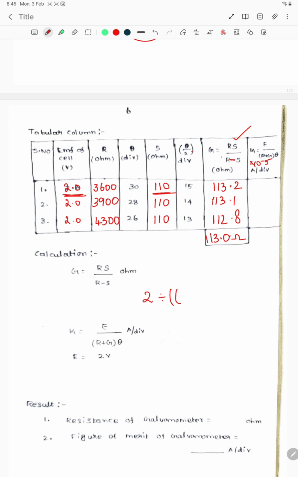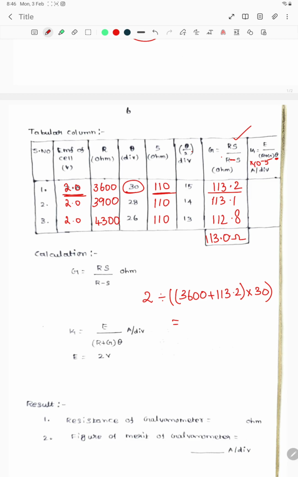One is for R plus G. What is R plus G? 3600 plus the G value that you have calculated here, 113.2. Close the bracket, then put a multiplication sign and multiply by theta. What is the theta value? Theta value is 30, and then you close the bracket. When you do this calculation, you will get the answer for the figure of merit.